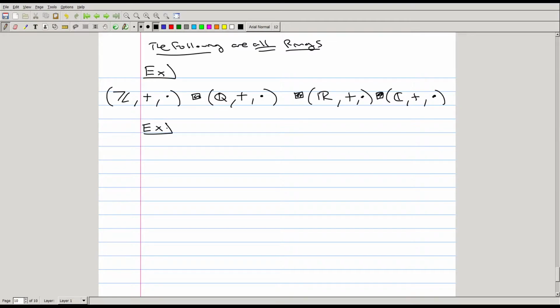And some of these can be made into an even stronger, more complicated structure called a field. But in general, all of these sets satisfy the properties of rings, and therefore they're all rings.